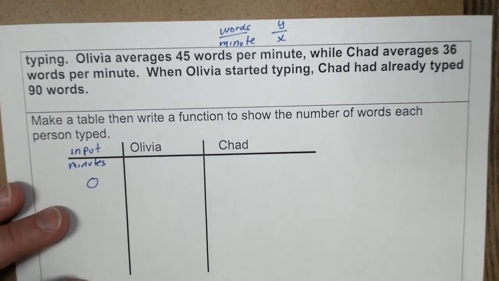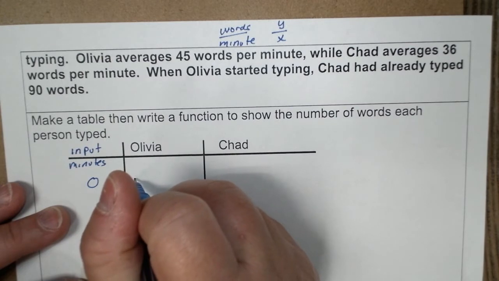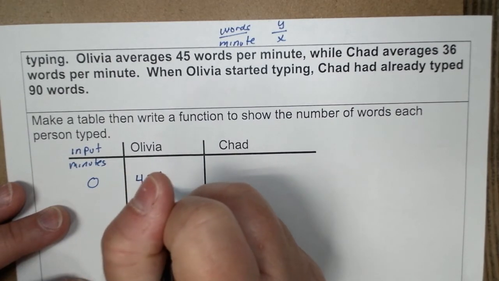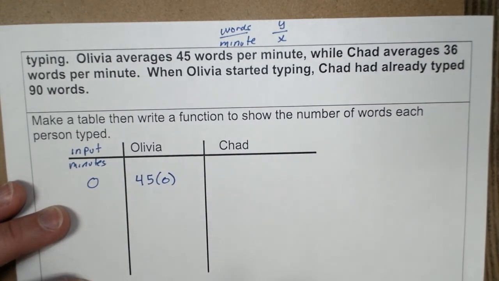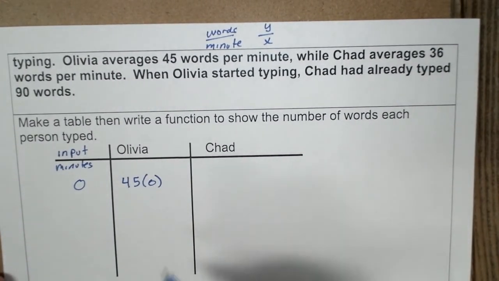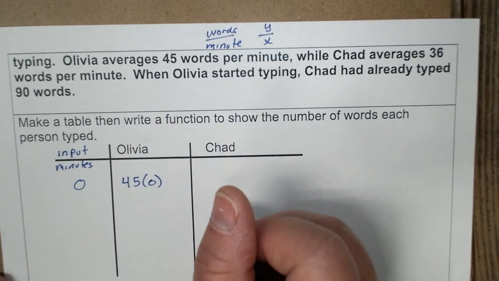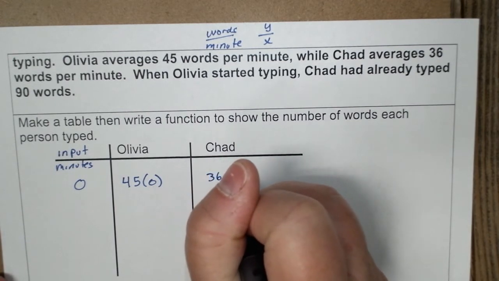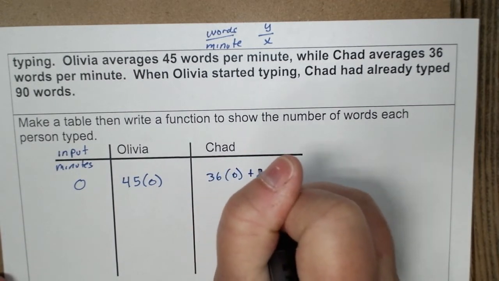Okay, so Olivia started, and she did 45 times 0. That means this is where the head start actually comes into play. And then Chad did 36 times 0 plus 90.